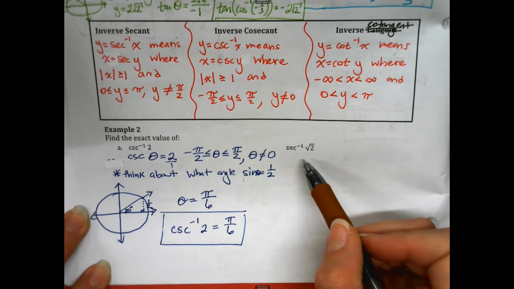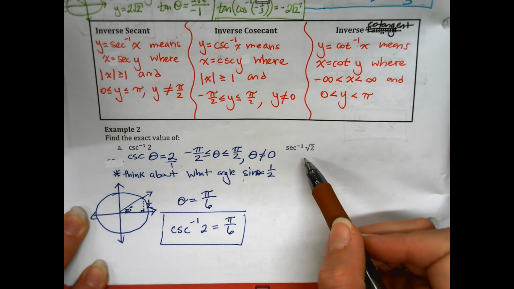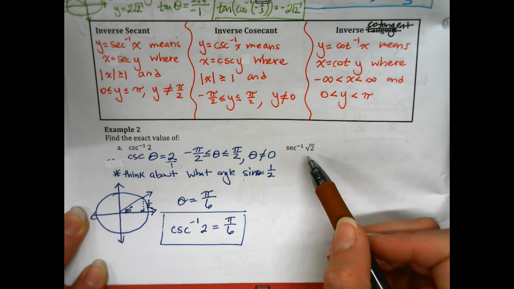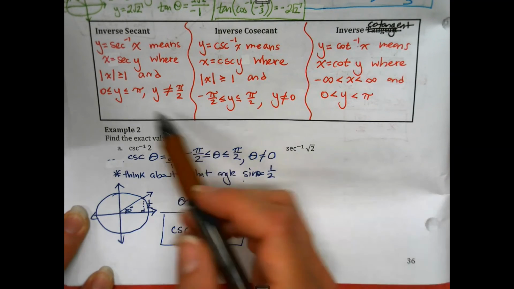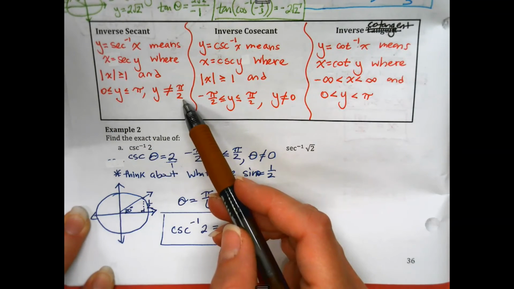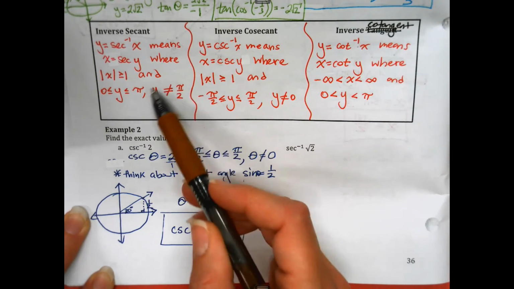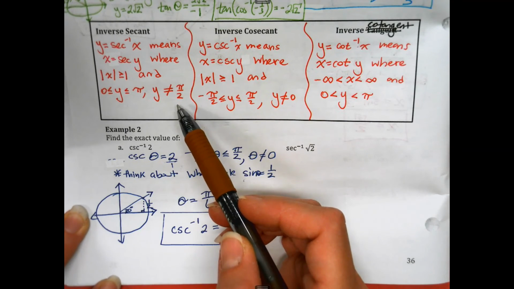Part B looks at the inverse secant of the square root of 2. First off, we want to think about secant. Secant has to be greater than or equal to 1. And also, it's going to have an output between 0 and pi, and it can never be equal to pi over 2, because that's where our secant function is undefined.